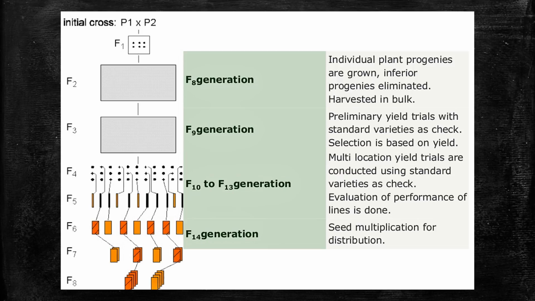After isolating those 1000 to 5000 plants in the F7 generation, you filter out more in the F8 generation. Those plants are grown, and their progenies are tested. The individual plant progenies are grown, and the inferior progenies are eliminated step by step.